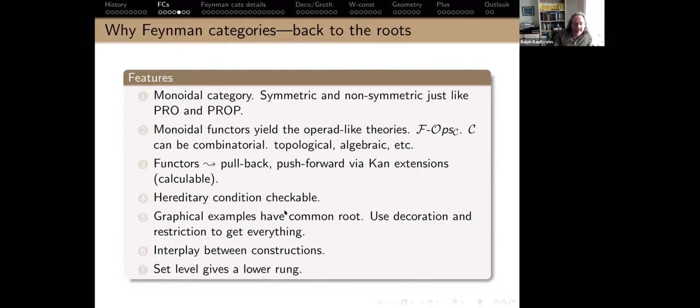And I can give examples, and I'll do some examples. And all the graphical examples, so much of the zoo you've seen actually has one common root. There's just one Feynman category that does it all with decorations and restrictions. So there's only one thing you have to understand. And there's a nice interplay between all these constructions.